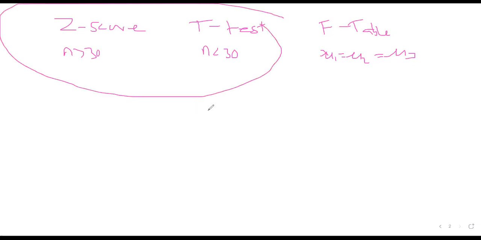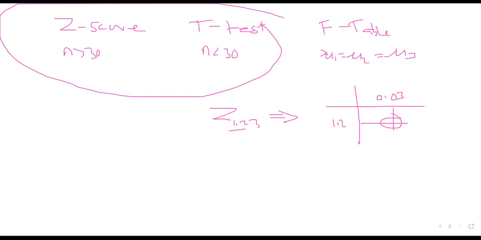The Z table is read as follows. If you're looking for a reading like 1.23, you go under 1.2, the first two digits there, and 0.03, where they meet. The probability is what is in between. So let's go to the Z table and check under 1.23.